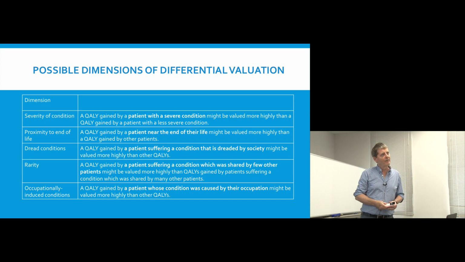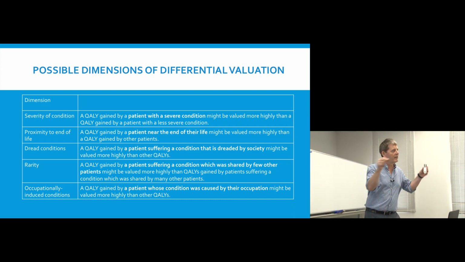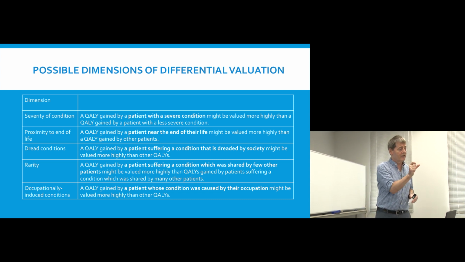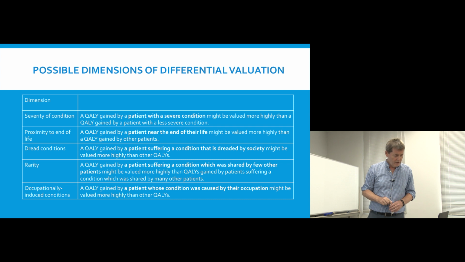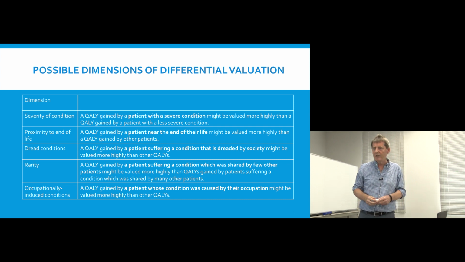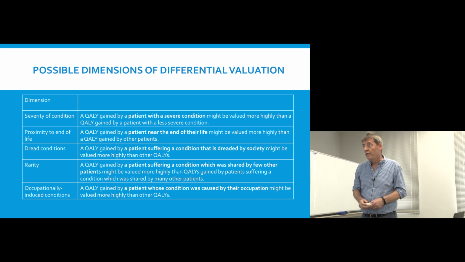Because they're such a small patient group, it's going to be quite expensive to do anything for them. The costs of drug development and so on are going to be very high relative to the number of potential patients who might gain. And so there tends to be less investment in these orphan drugs.